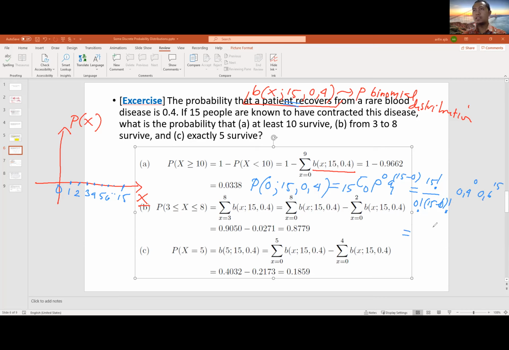Then it is equal to 15 factorial divided by 15 factorial, which is 1, times 0.6 powered by 15, and I need to calculate this.